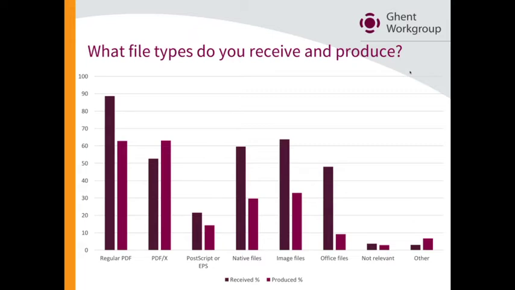Still, you can be a little bit surprised perhaps about the fact that more than 20% of the people say that PostScript is still a significant file format that they receive as input, and still about 15% of the people produce PostScript or EPS as their output format. So we've moved a long way towards PDF, but it is, at least for me, still a little bit surprising that some of these other formats are still as important as they are.